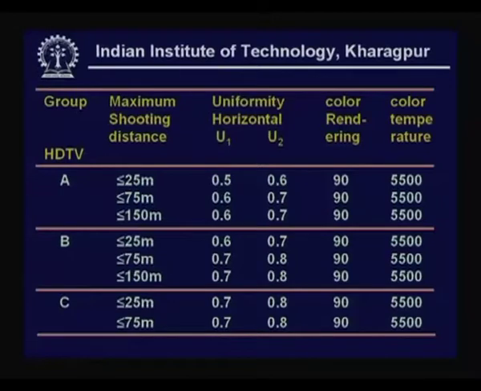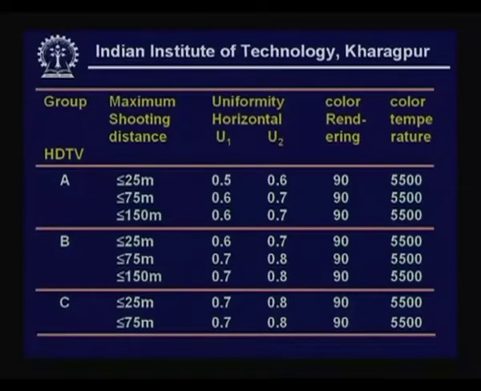However, observe that the uniformity indices in the horizontal plane have changed from what they were in the case of national and international TV coverage, where they used to be around 0.3, 0.4 for U1 and 0.4, 0.5 for U2.